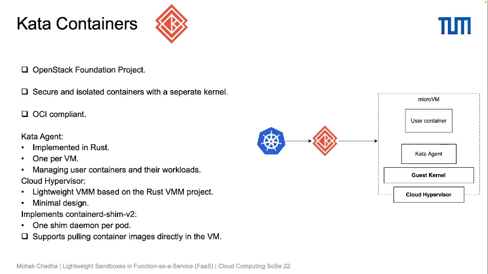The other interesting thing they do is they support pulling container images directly in the VM. Normally, as with Firecracker, suppose you have a micro VM and now you want to run a particular user workload.